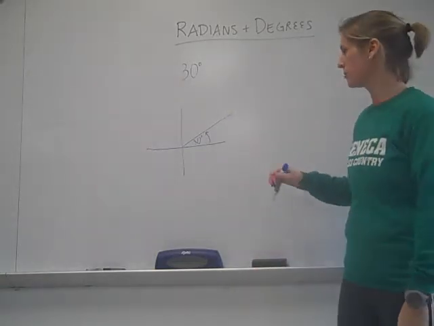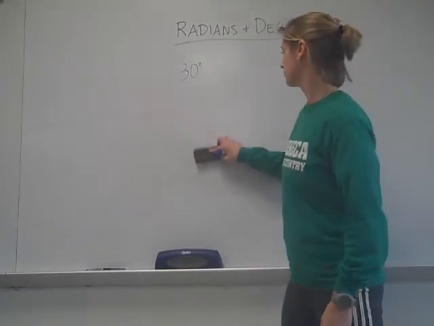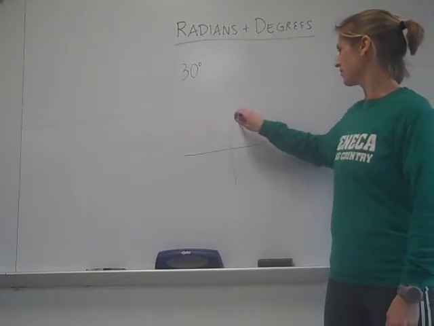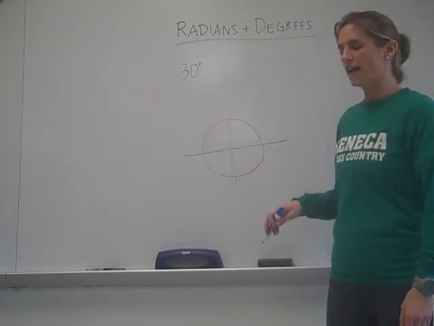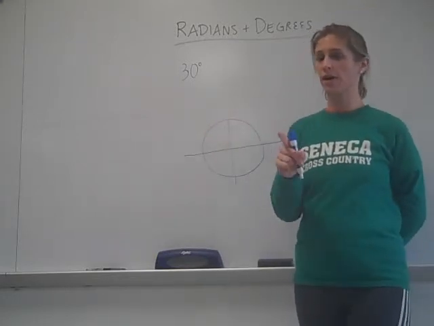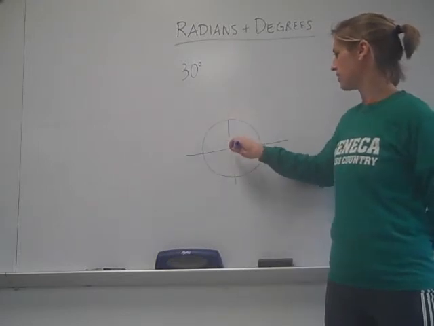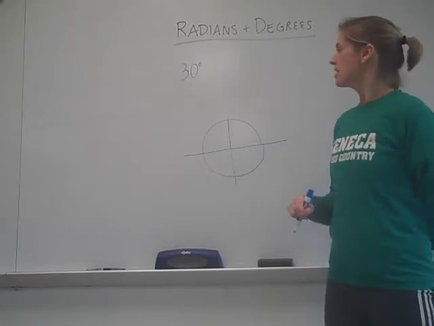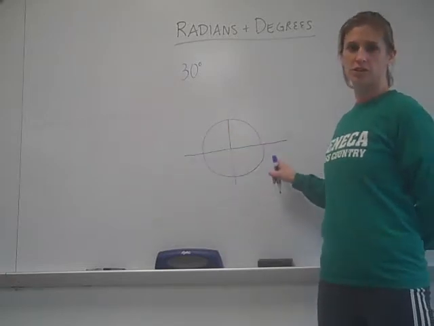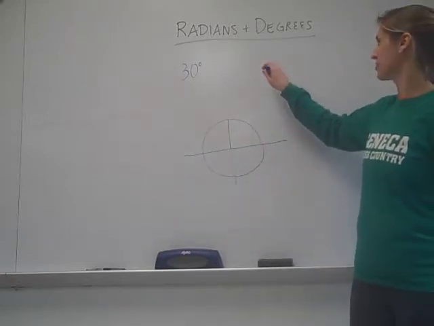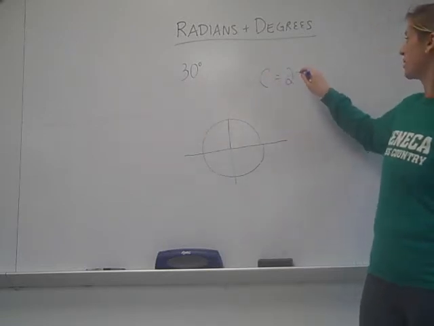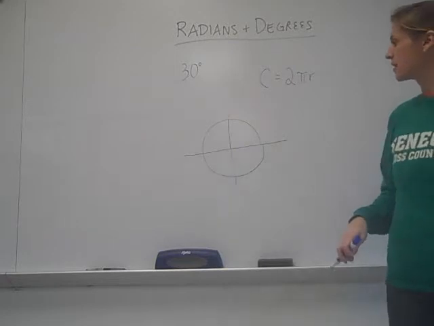And where it comes from is a circle. If I have a circle, and let's just say the radius of the circle is 1. So this is 1, this is 1. The radius, no matter what direction from the center, is 1. If you think about the circumference of a circle, you can find it with the formula 2 times pi times the radius.